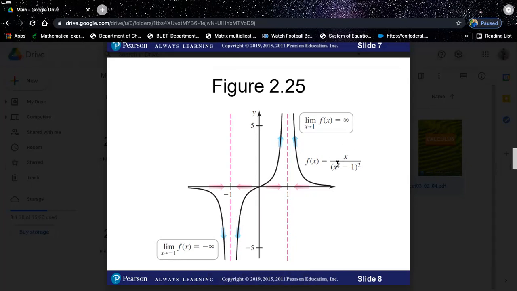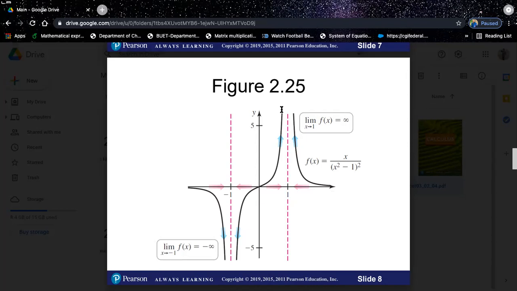The function is x over x squared minus 1, the quantity squared. And we can see, if we just take the right half of the graph, when we're approaching positive 1 from the right, the function is going to positive infinity. When we're approaching from the left towards 1, the function is again moving to positive infinity.